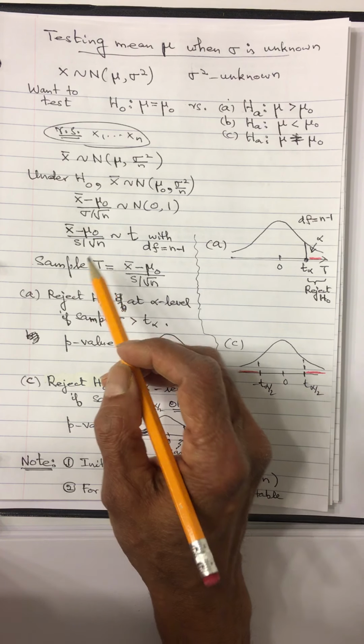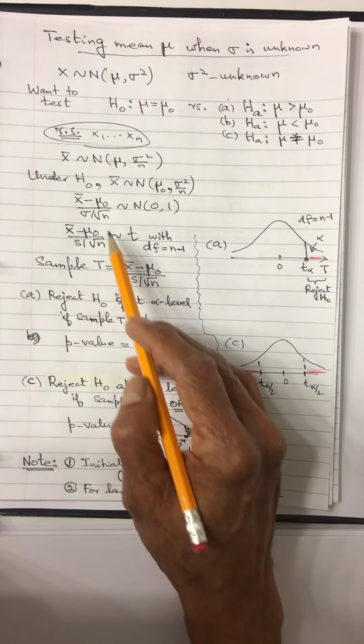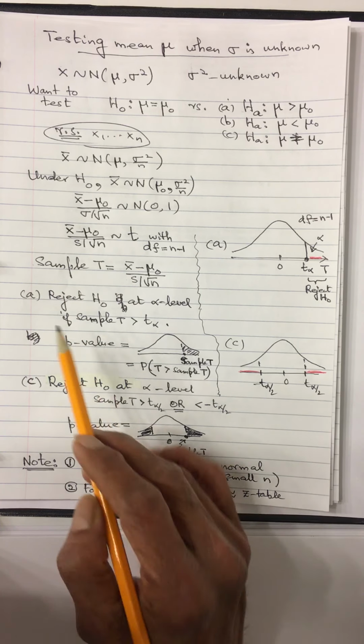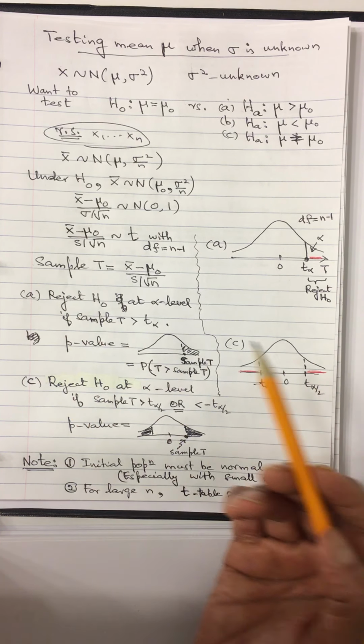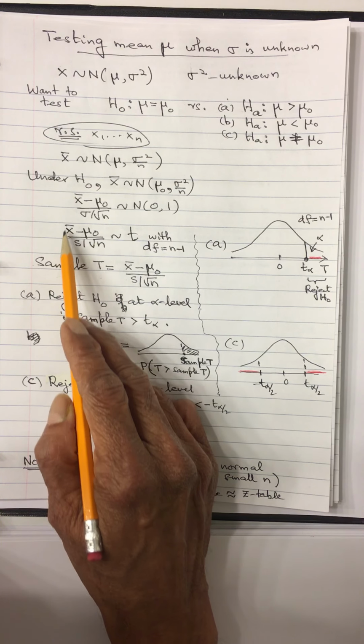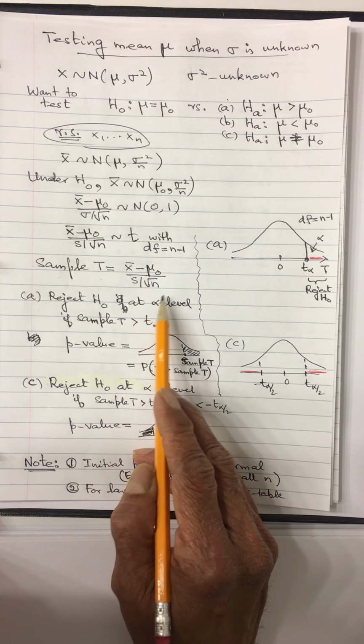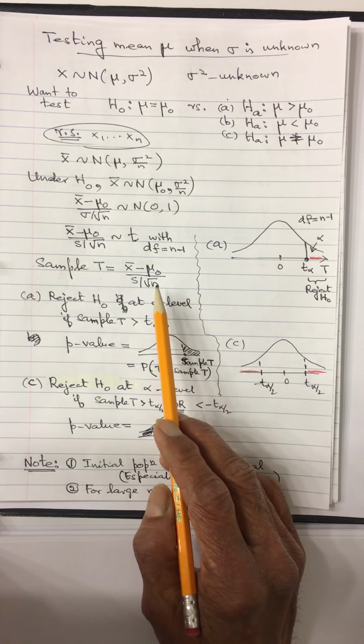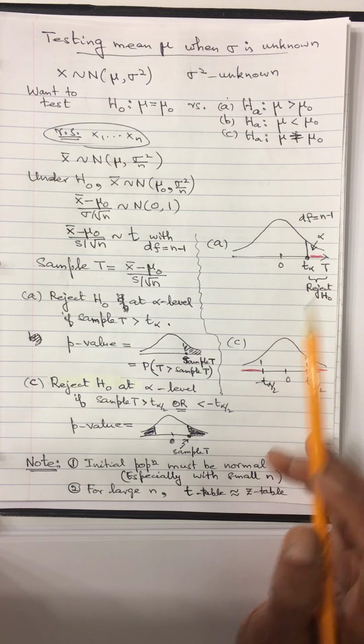Our test statistic is this part, the sample t, because we are going to compare against the t table value. You calculate this using the sample values and compare against the t table value.